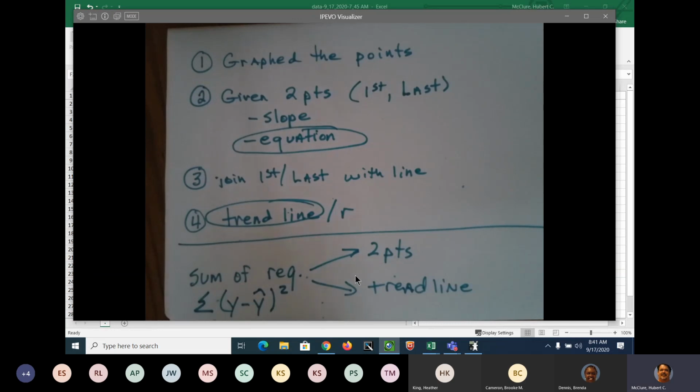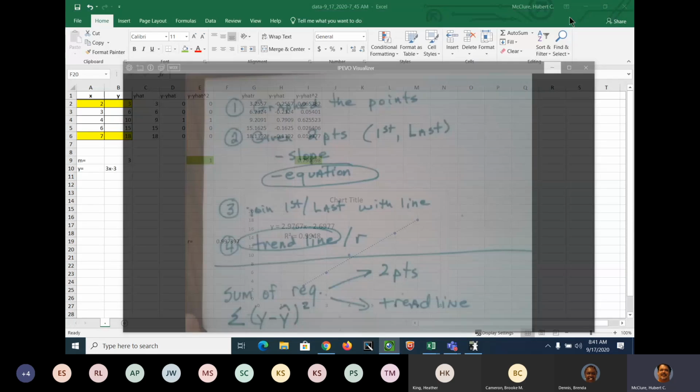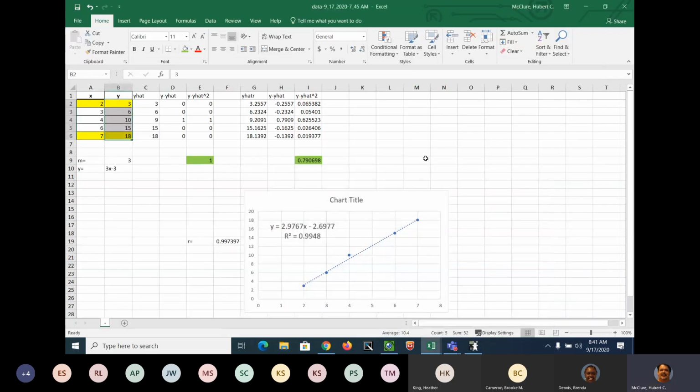Now, we all know what y is. Y is these numbers right here. Then what's y hat? I'm going to write that down for you because it's important that you write it down, because you're going to forget it if you try to remember it.